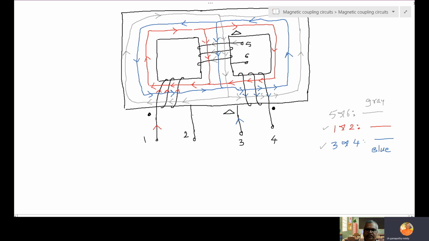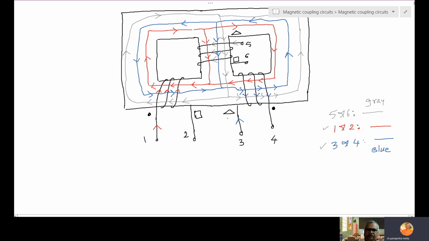Instead of using a dot or a triangle, purposefully I am using another notation, a square. So the square is placed at 2 and 6. So 1, 2, 5, 6 are coupled with the square, 1, 2, 3, 4 are coupled with the dot, and 3, 4, 5, 6 are coupled with the triangle.